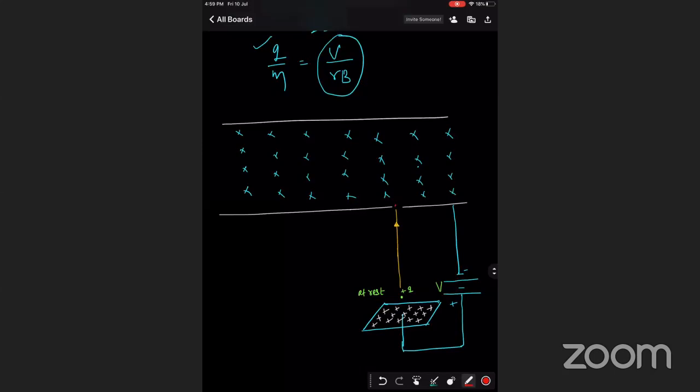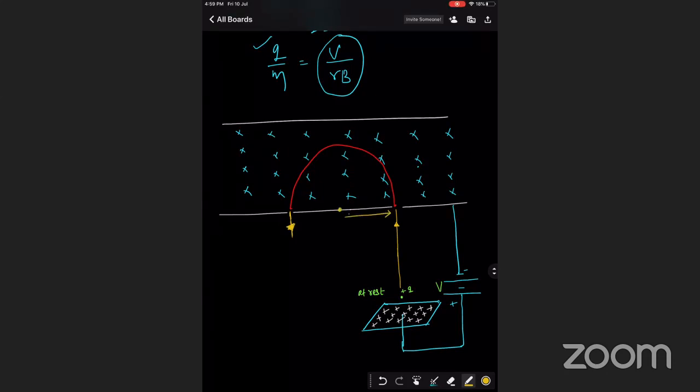It will perform a semicircle inside the magnetic field, and it will come out from a certain place. Suppose it is coming out from here, and we keep moving the detector everywhere and conclude that the charge is coming out from here. Then it will be very easy to find the radius.